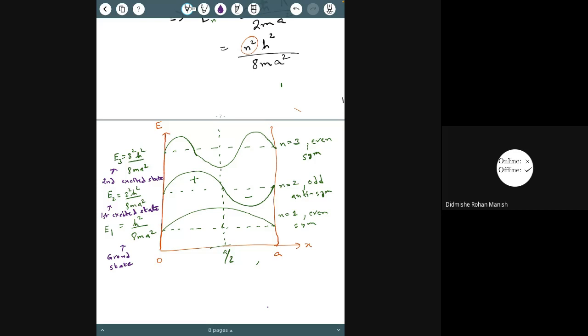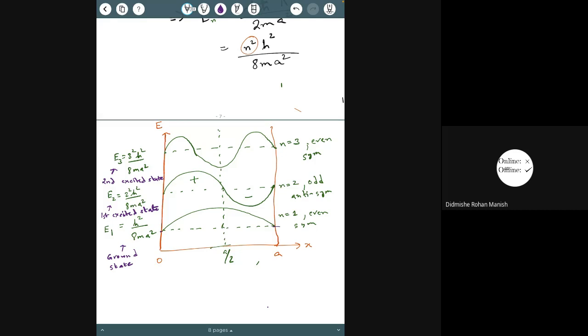I have a question. Sourav sir had said that the wave function psi that we obtain must be continuous, and the first derivative of that, del psi by del x, must also be continuous. Here, at the end points, it becomes zero because of the infinite potential, and then continues to be zero everywhere.